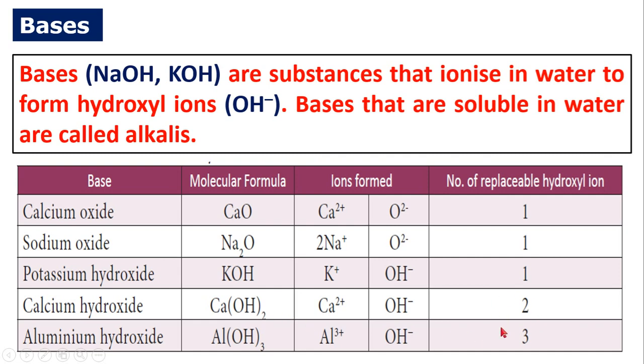So the number of replaceable hydroxyl ions is 2. Aluminum hydroxide, Al(OH)3. Here 3 hydroxide ions. Aluminum has a valency 3 and hydroxide has a valency 1. So here 3 hydroxyl ions can be replaceable. So the number of replaceable hydroxyl ions is 3.